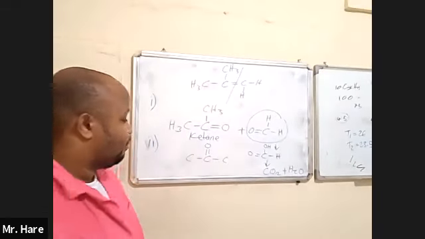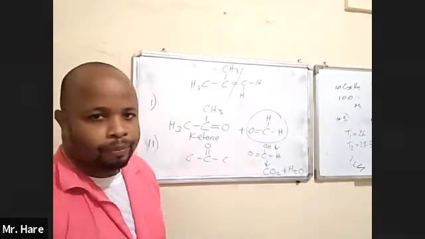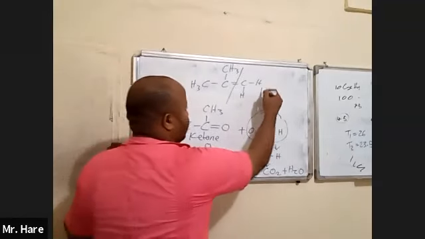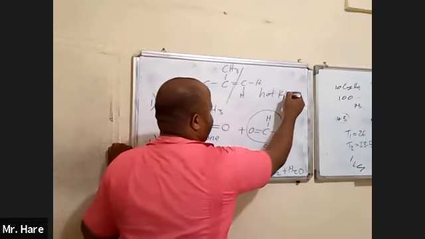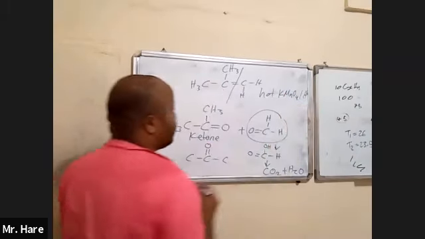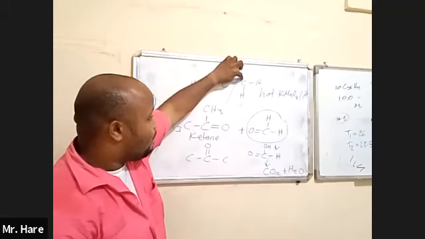So you're showing what would happen when you react hot acidified KMnO4 with an alkene.